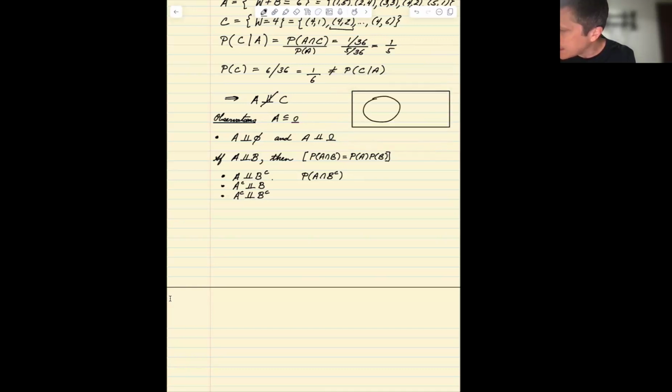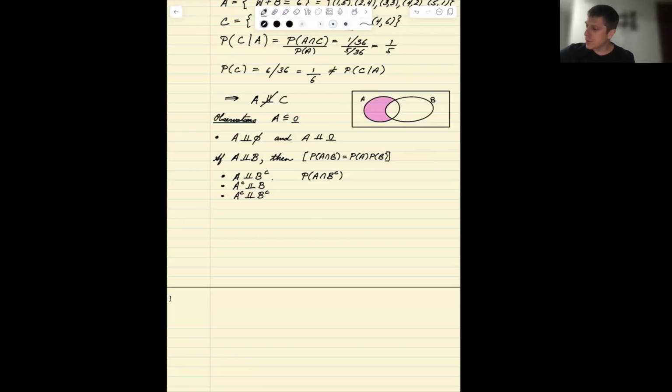So if I have A and I have B, A intersect B complement is right here. Another way to think about that was A minus A intersect B. So it's the difference.